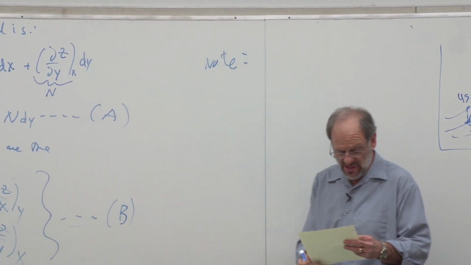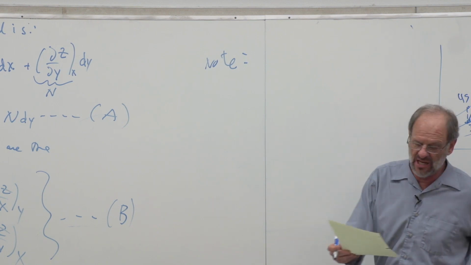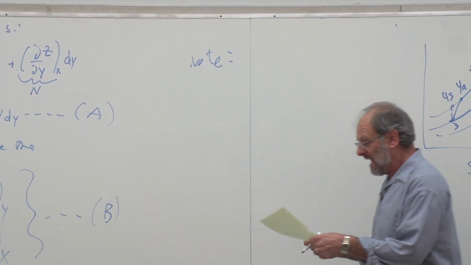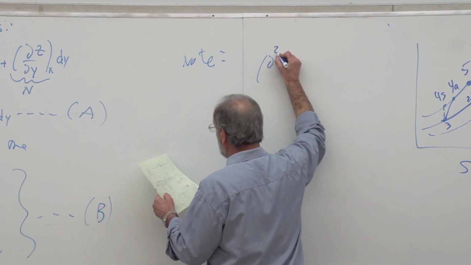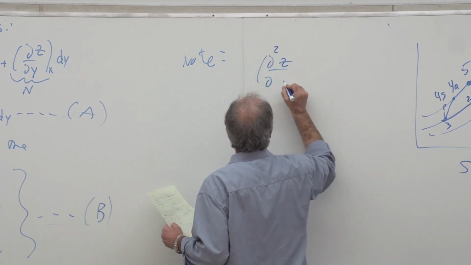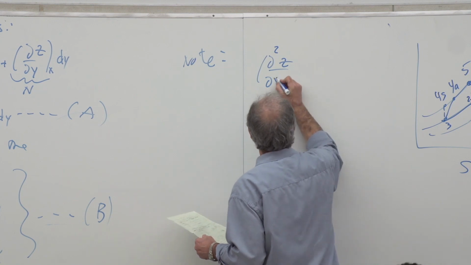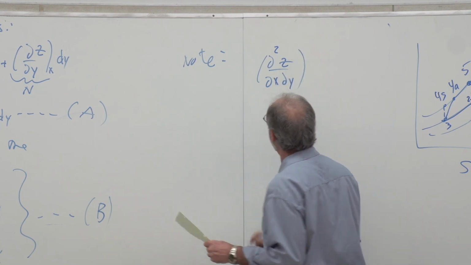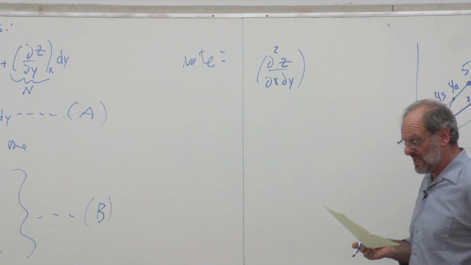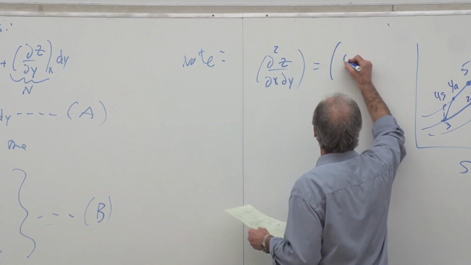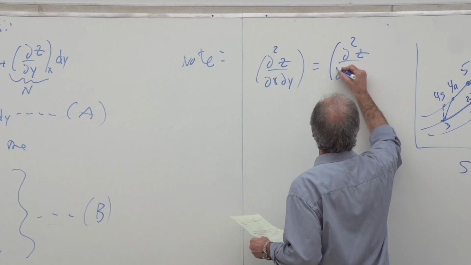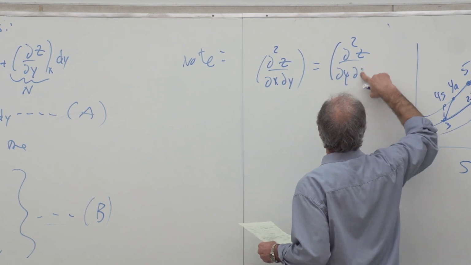And again, this is really just review from a math class that you may not have taken for 2 or 3 years. One thing that we would note is that we're often interested in second partials. So the second partial of z with respect to x and y is also equal to the second partial of z with respect to y and x.